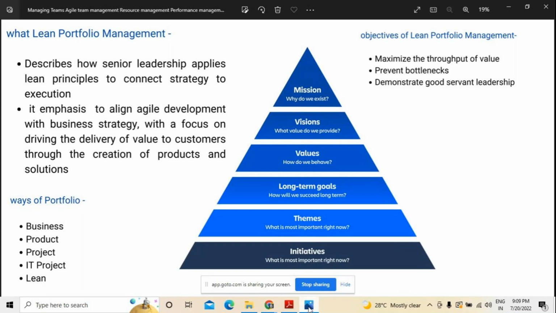So this lean portfolio management, when we see, is majorly focusing on applying the lean principles, which majorly connect the strategy of the business with execution, majorly focused towards the senior management level. This is the first thing lean portfolio management majorly focuses on.